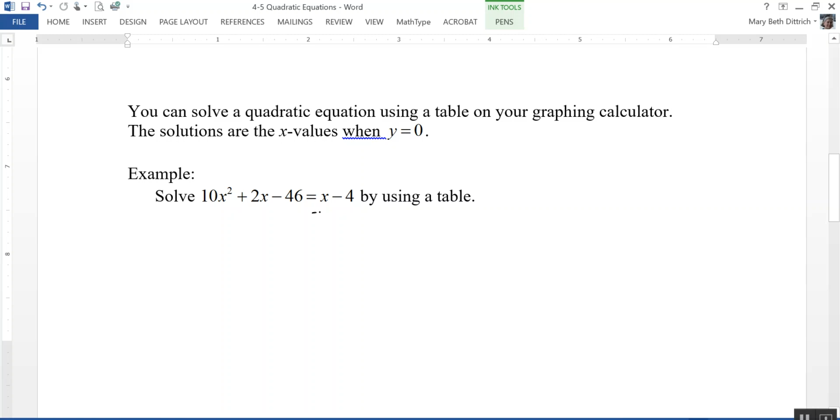So I'll subtract x on each side and add 4 on each side. That's going to give me 10x squared plus x minus 42 equals 0. So I'm going to put the related function into my calculator: y equals 10x squared plus x minus 42.